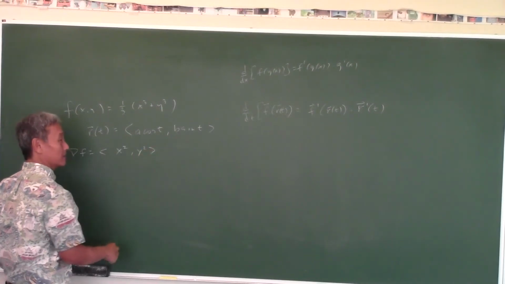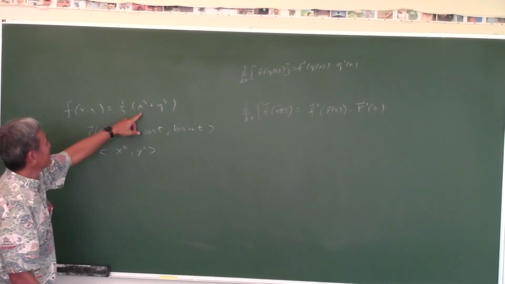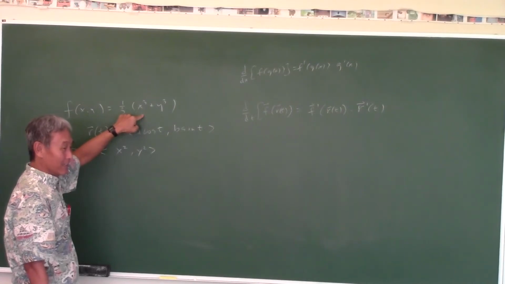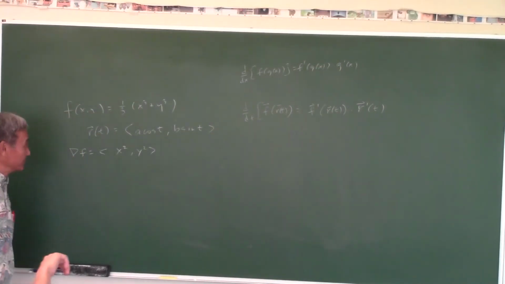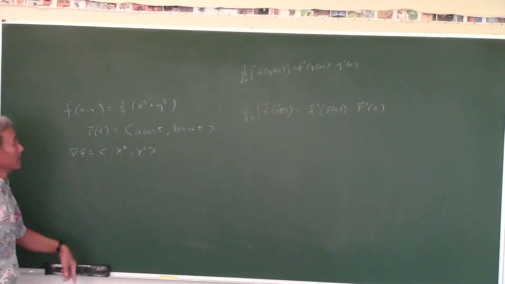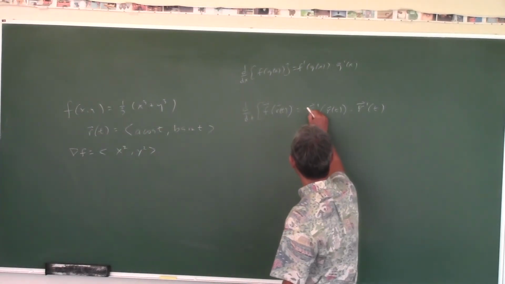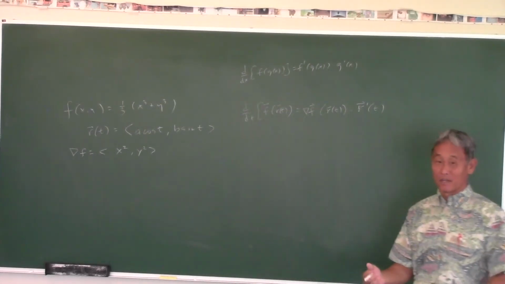Because what's the derivative of x cubed? 3x squared, and the 3 cancels the 1/3. This symbol means gradient. Oh, did I forget to put the gradient sign in? I did. There you go. Because the gradient is like the derivative.